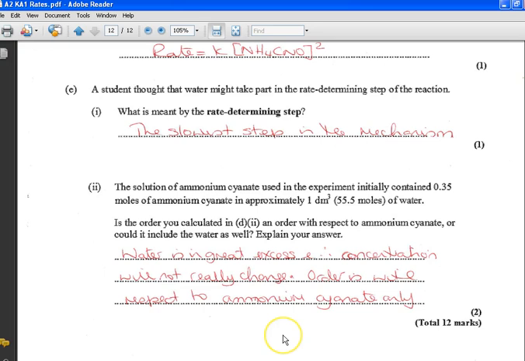Because it is in such excess, the concentration is not really going to change from 55.5. It would be such a small difference that it's not going to affect our calculation at all. So the only thing that is really changing concentration is the ammonium cyanate. So the order that you come up with is with respect to ammonium cyanate only.